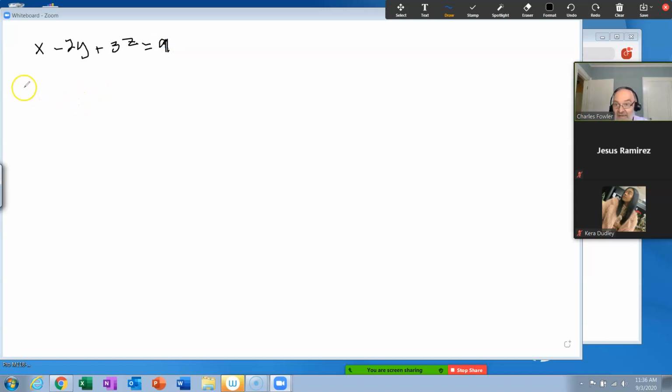Okay. Negative x plus 3y is equal to negative 4. 2x minus 5y plus 5z is equal to 17.